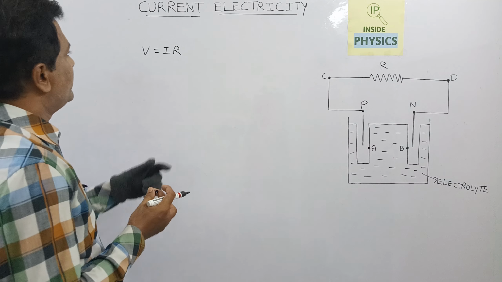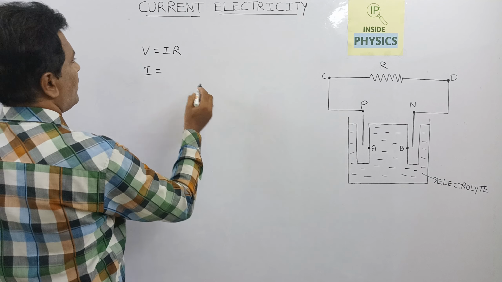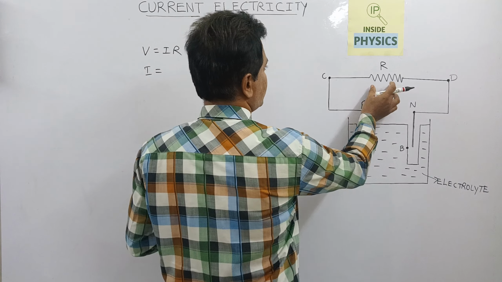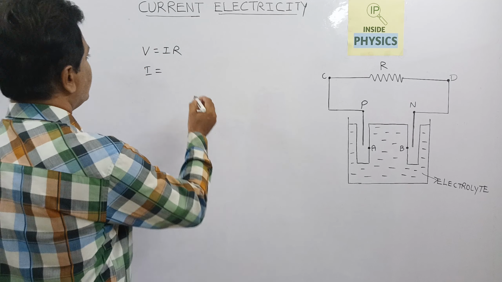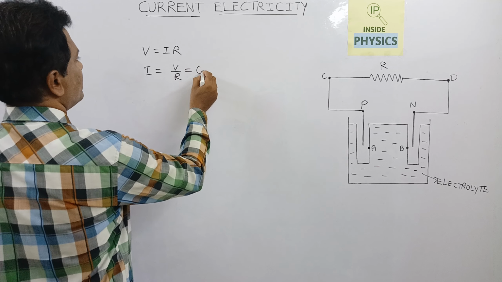For an open circuit, or if we take the resistance as infinite, I is equal to V by R, so the current will become 0.